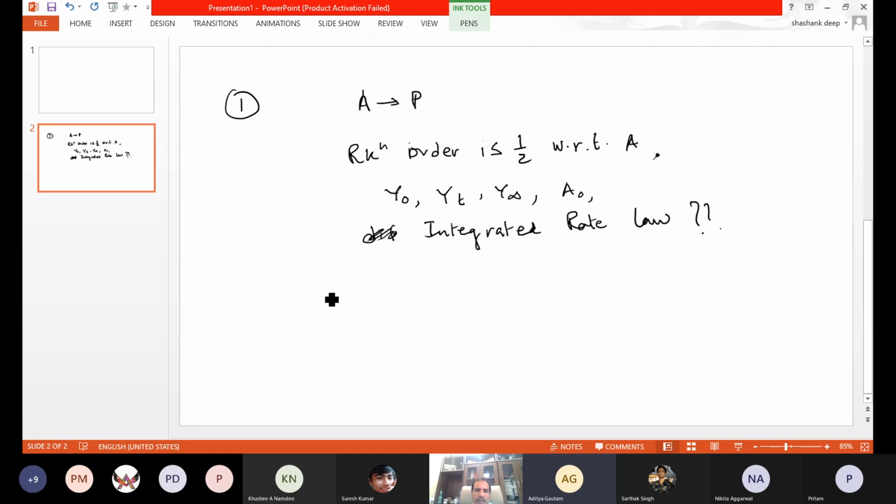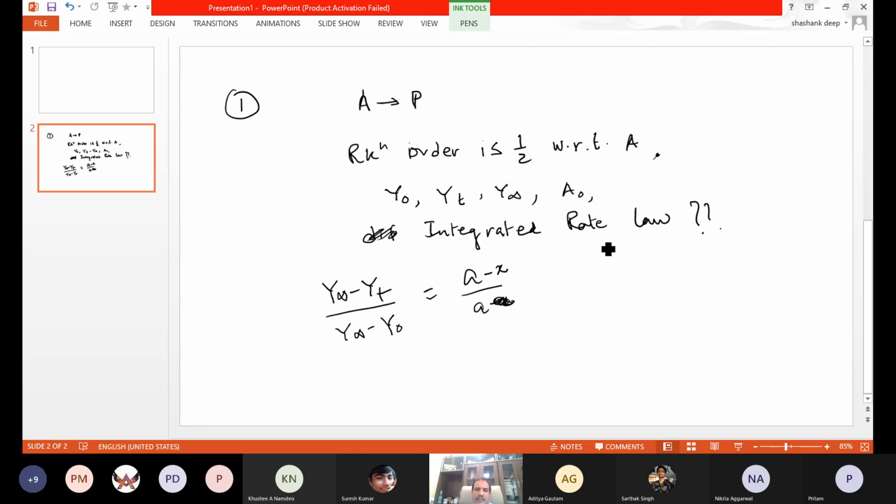Yes sir. Okay, so y infinity minus yt by y infinity minus y naught, I have already told that this is always equal to a by a minus x. Sorry, a minus x by a. Is this okay?